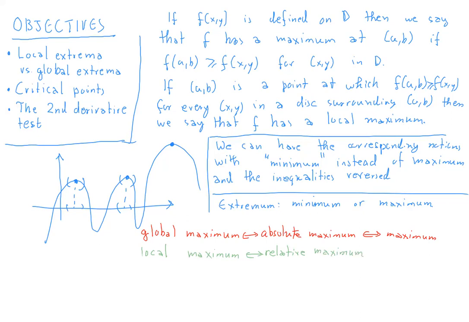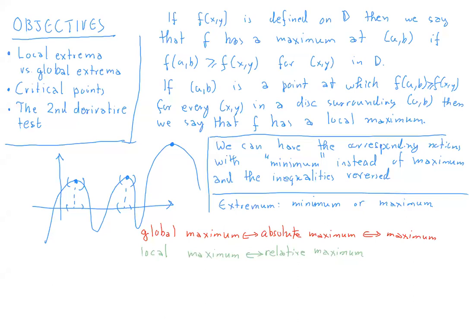Okay, so now let's see, philosophically speaking, why do we need local extrema? So what we really want to know in most cases is whether a function has a global maximum or a global minimum.